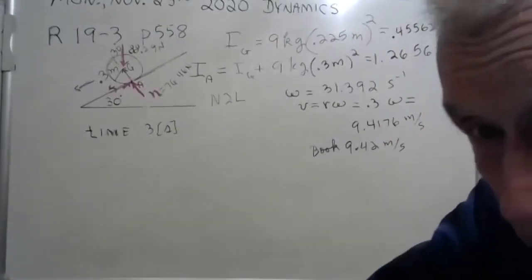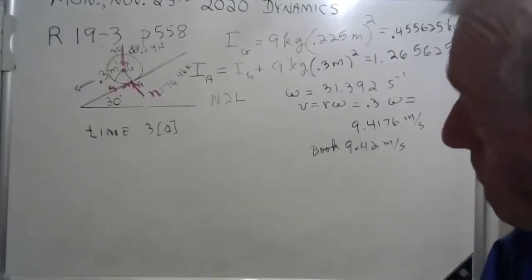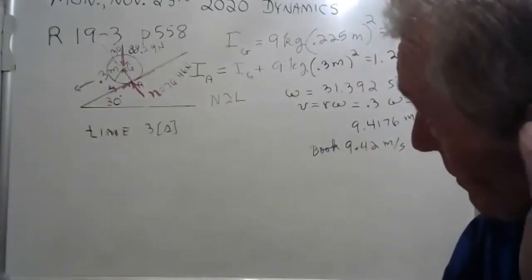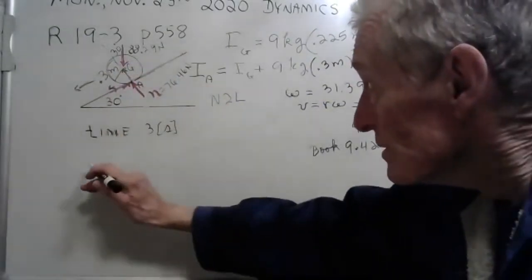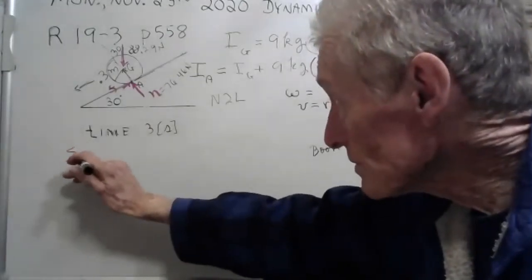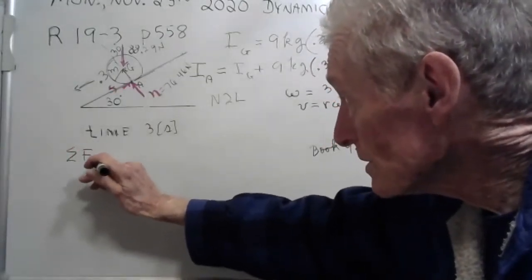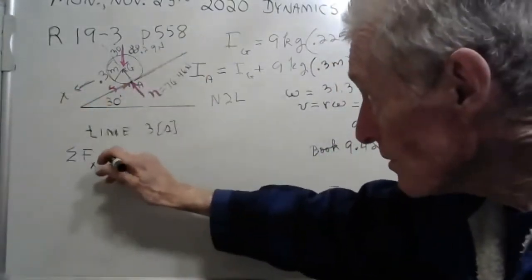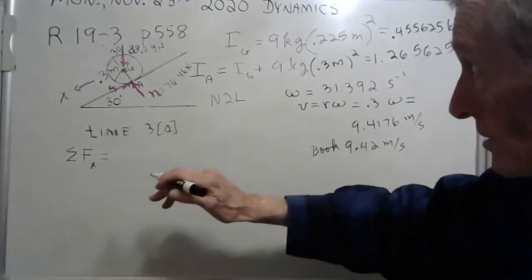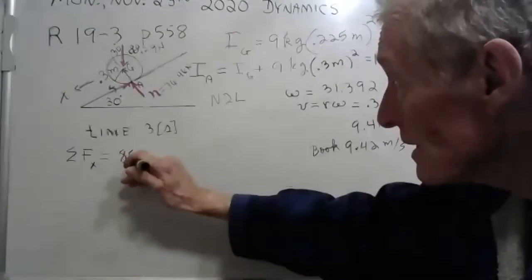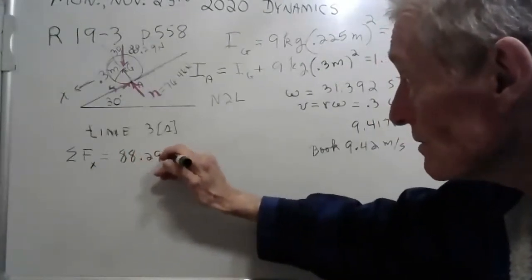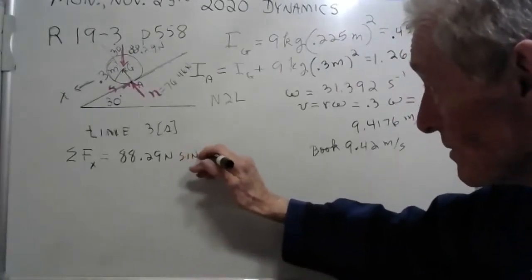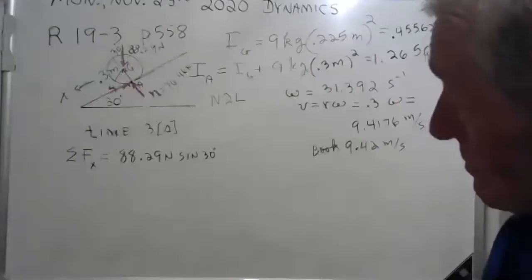And let's see, this has a component going down the hill. What we're doing is we're taking the sum of all the forces. I'm going to call that my x direction. And the sum of all the forces in the x direction is 88.29 newtons times the sine of 30 degrees.